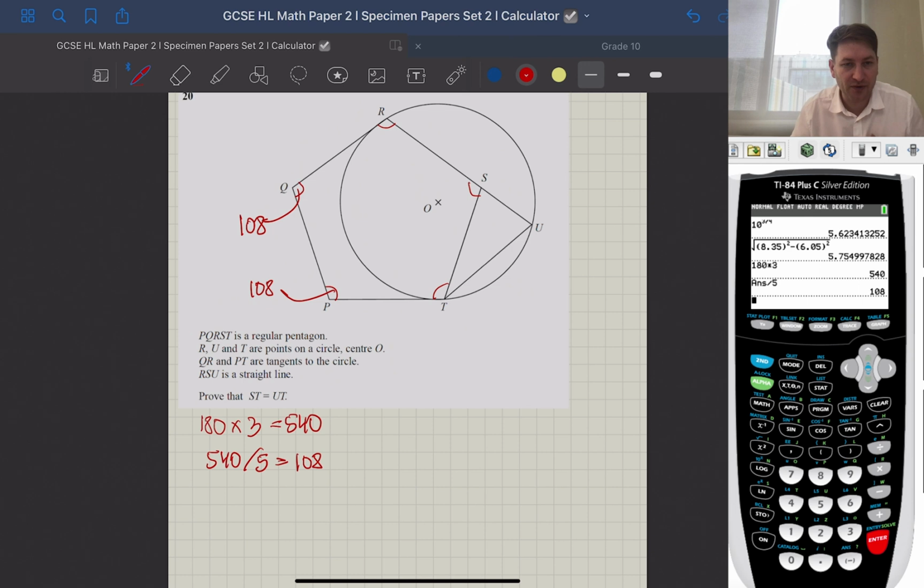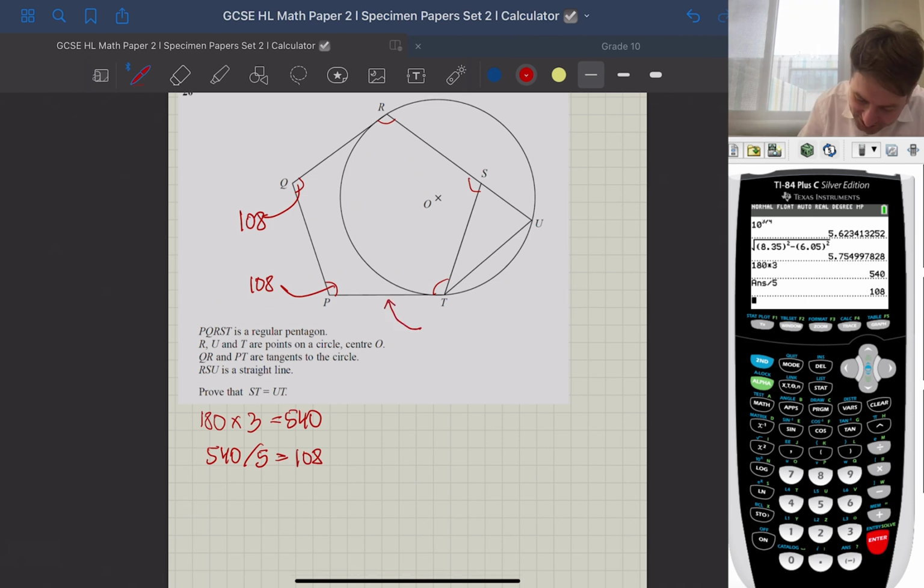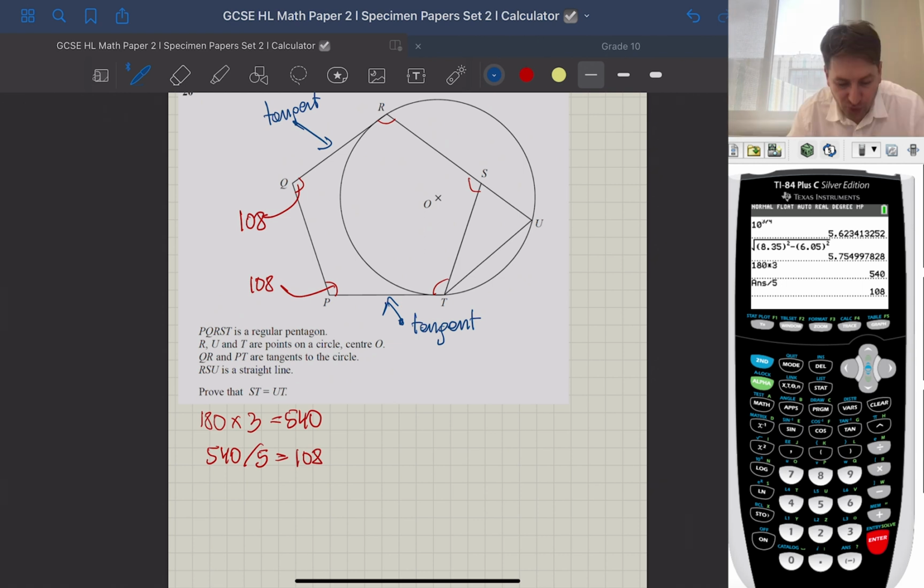Okay? Now, also, those lines, this one, how about a different color? This line and this line, they are tangents. A tangent is a line that touches the curve only at one point.